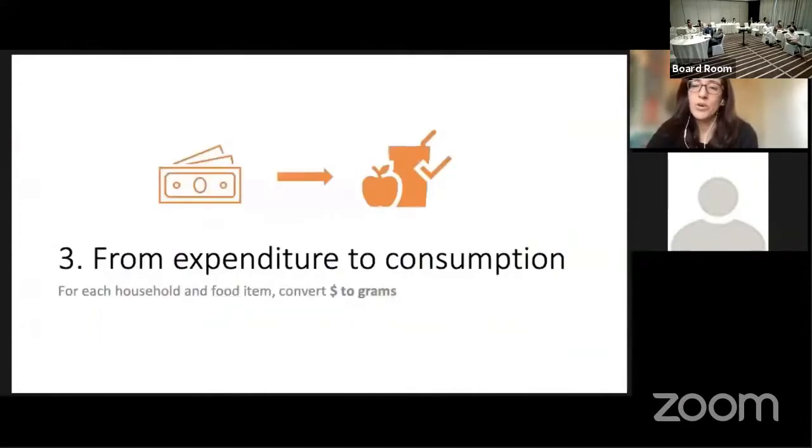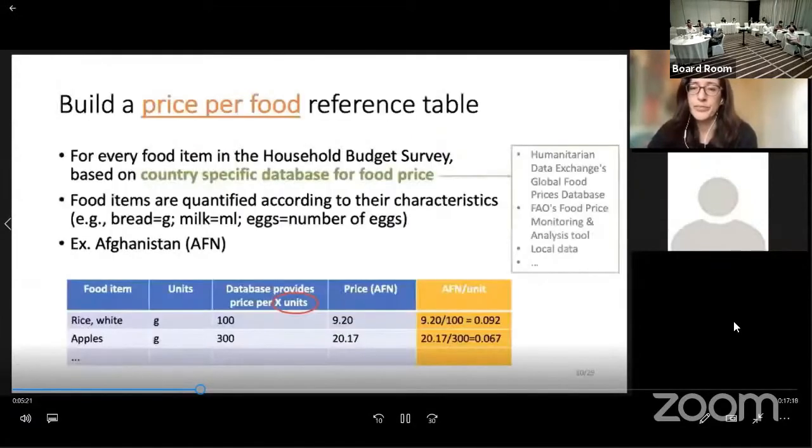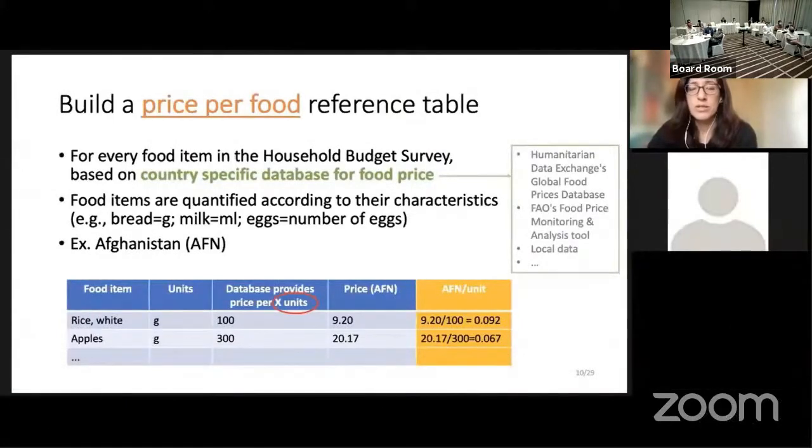Now let's start with the steps needed to go from food expenditure to food consumption. So from the amount of money spent in food into grams or milliliters of food consumed. The first thing we need to know is the price of food in this specific country. This information may be obtained locally or from international organizations.